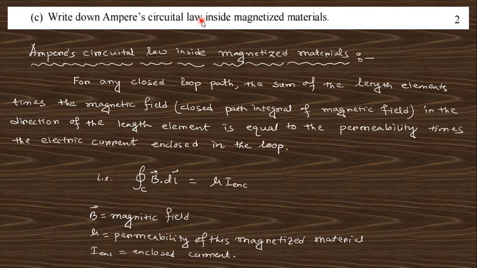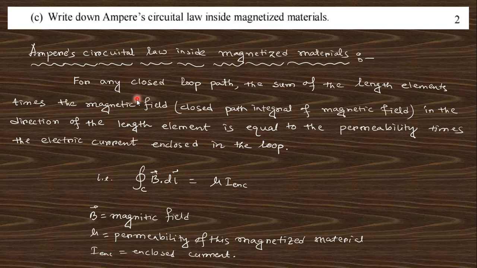Write down Ampere's circuital law inside a magnetized material. It says that the closed line integral of the magnetic field is nothing but mu into I enclosed, that is the current enclosed within this loop, where mu is the permeability of this material. In case of vacuum or air, this will be mu naught, which is 4 pi 10 to the minus 7.